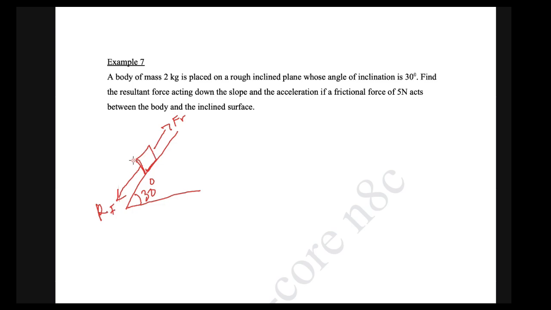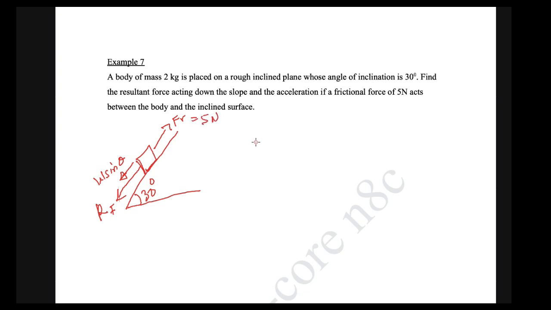Don't forget that we said that when you have an object on an inclined plane, your W sin theta, which is due to the weight of the object, will act downward. So we have W sin theta acting downward. So we have to look for the resultant, right? Find the resultant force acting down the plane if a frictional force of 5 Newton. So this frictional force is 5 Newton.